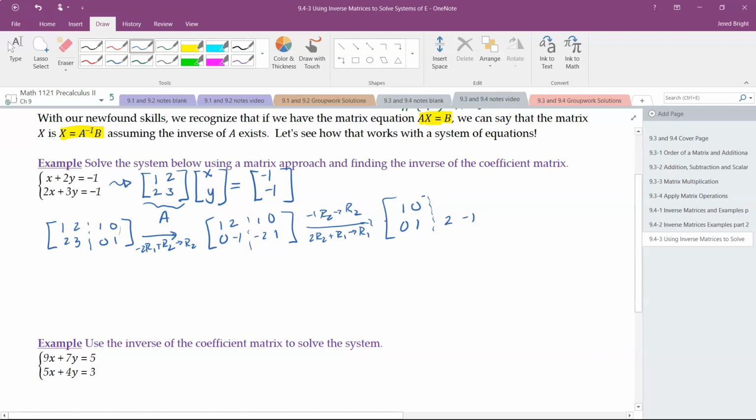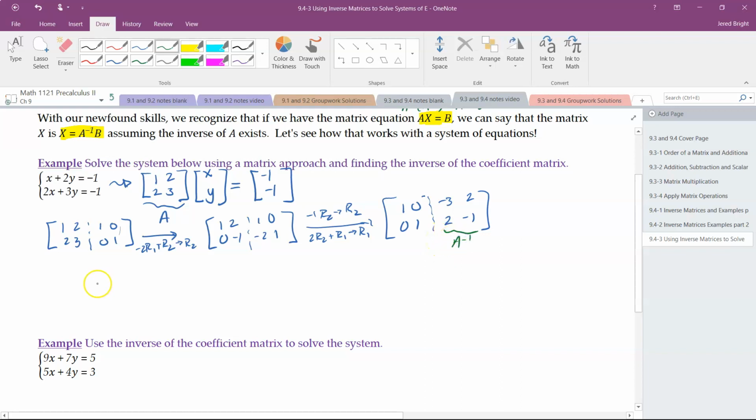Adding 2 row 2 to row 1 gives negative 4 plus 1 is minus 3, and then negative 2 plus 4 is positive 2.